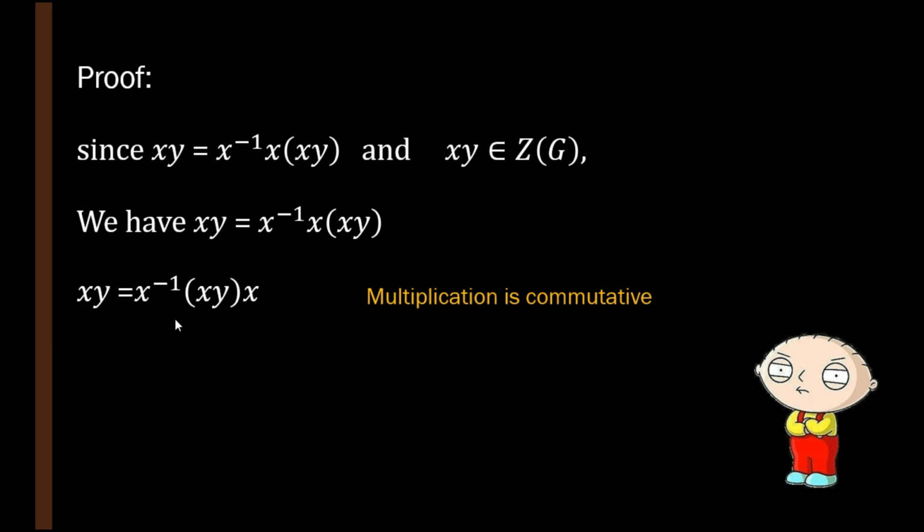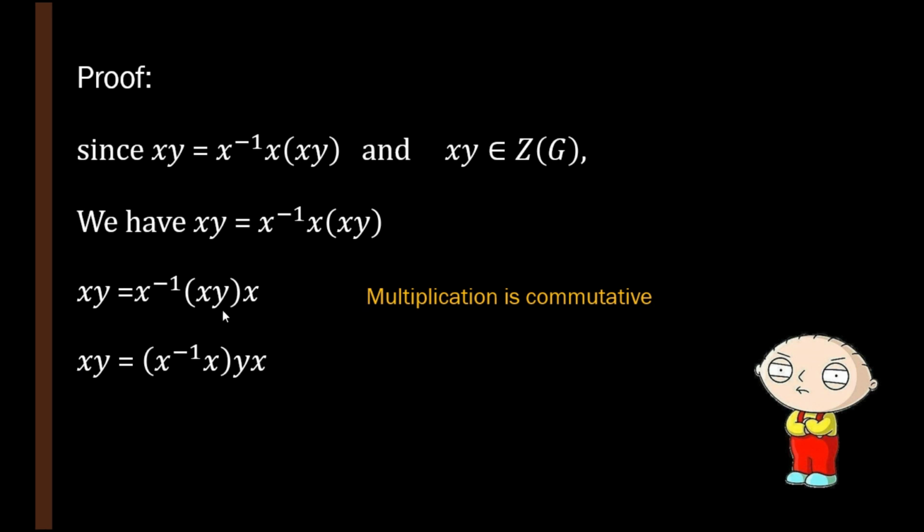Now since the multiplication is also associative, we can say xy equals, so now we have grouped the inverse of x and this x that is next to y. Then we have xy equals the inverse of x times x, all in brackets, times yx.